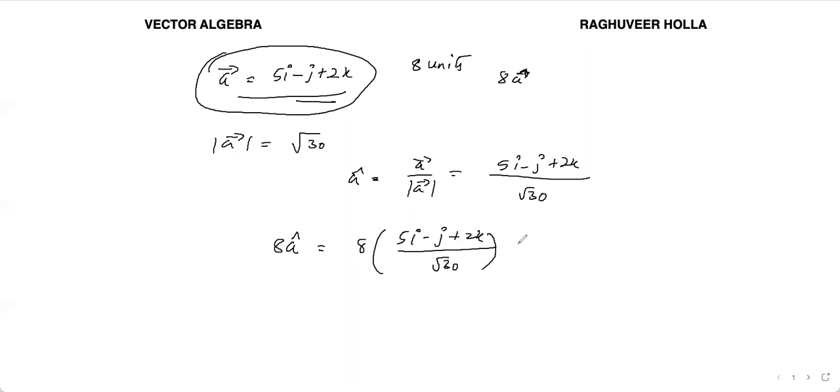After simplifying it, we get 40 by root 30 i minus 8 by root 30 j plus 16 by root 30 k.